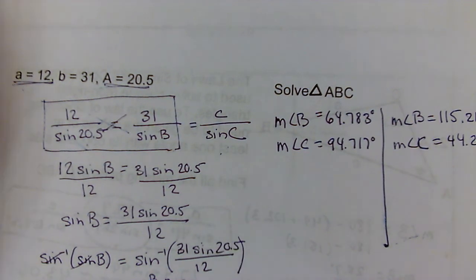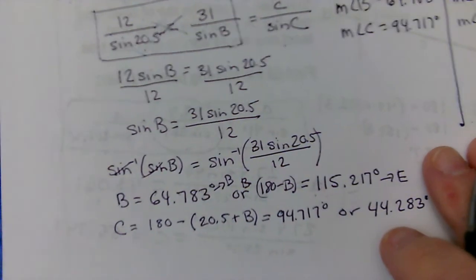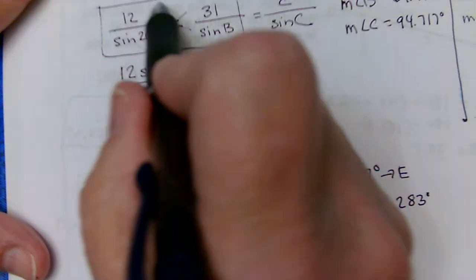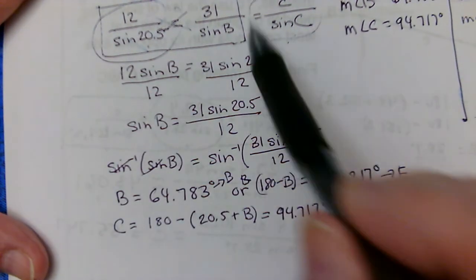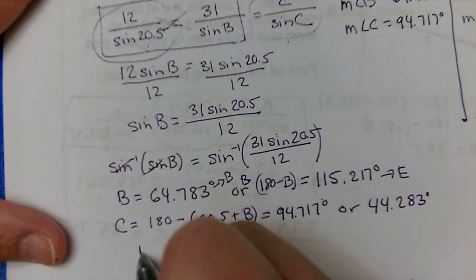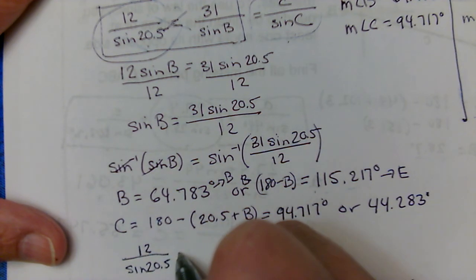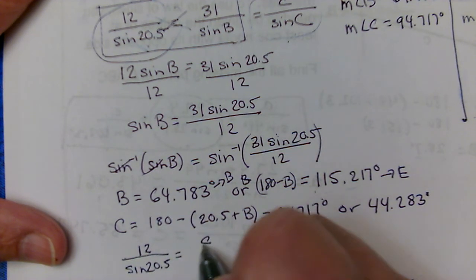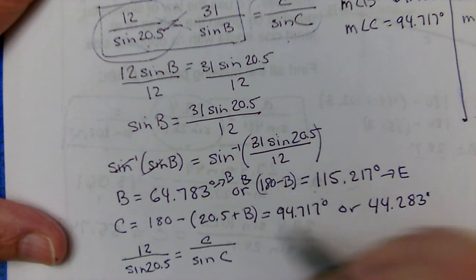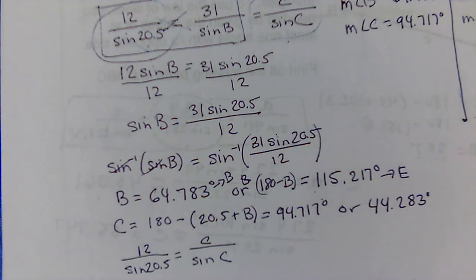So going back down here, again I'm going to use the complete fraction with the one I'm trying to solve. So I have 12 over the sine of 20.5 equals c over the sine of C. And again, I'm going to make sure that I stored my answers for C into C for the first one and into F for the second one.